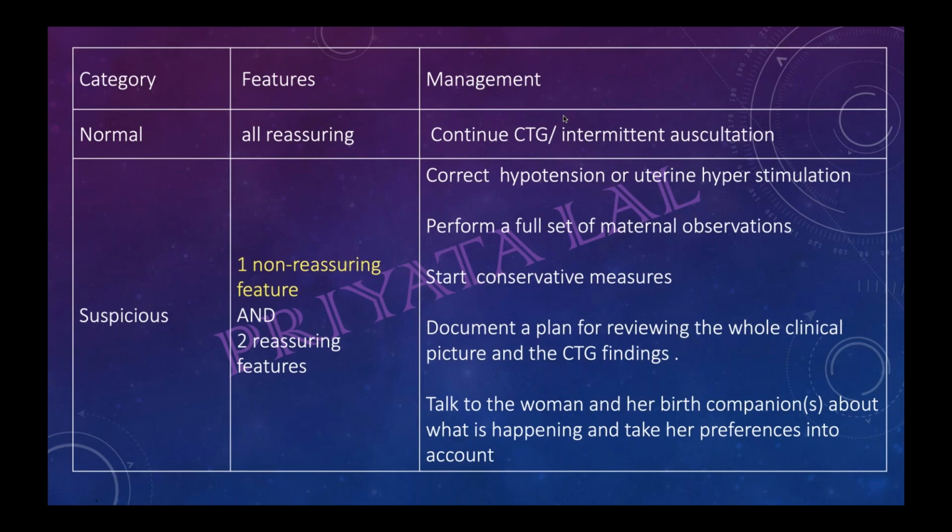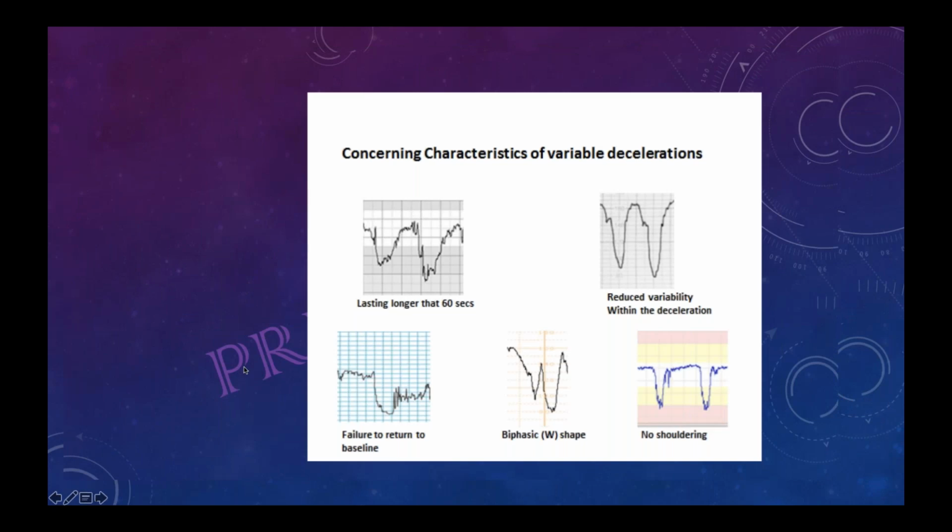Do you mean that the duration of the deceleration is counted only from the start of the deceleration to the peak? I'm not clear about that. No, I'll tell you. Sometimes we make mistakes whether it is a variable deceleration or a late deceleration, and we are not able to identify it in that trace.